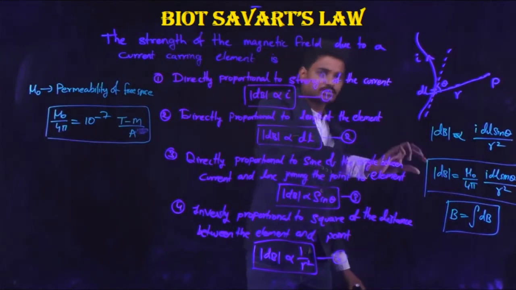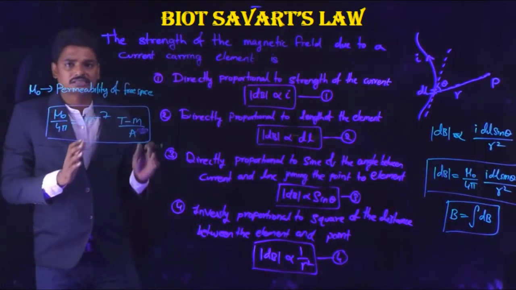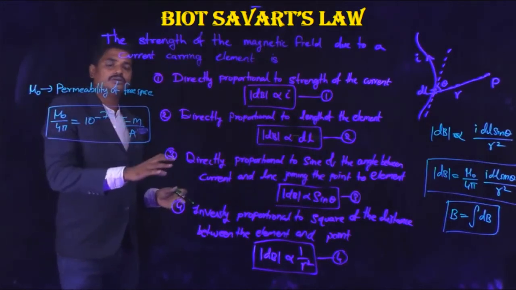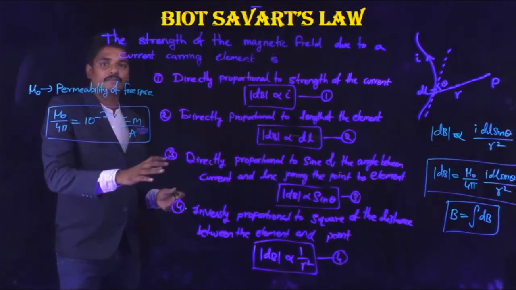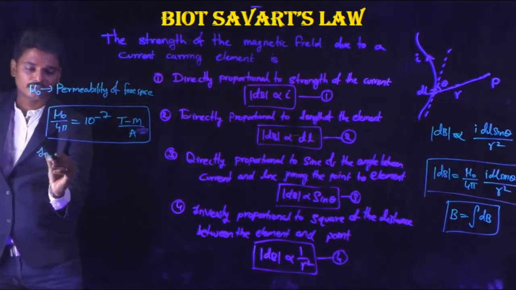As the magnetic field induction is a vector quantity, we have both direction and magnitude. So we can write it in vector form.